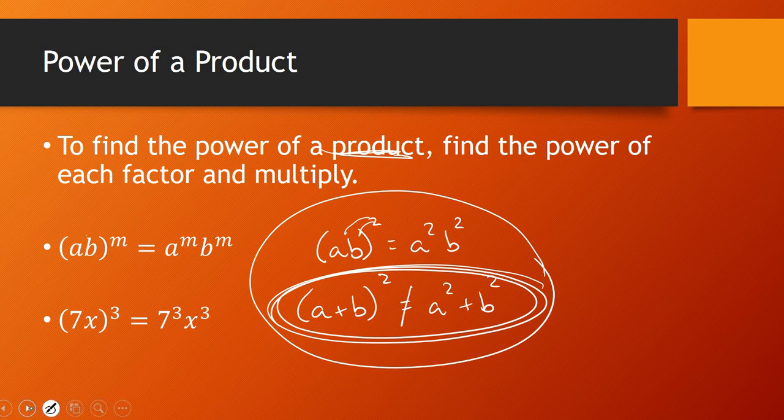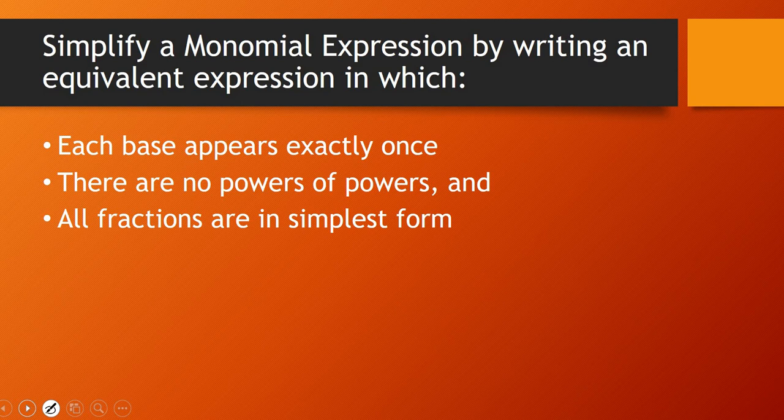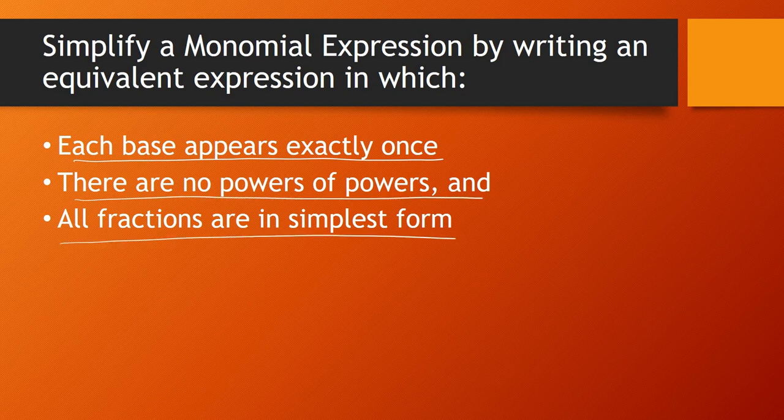Okay, so let's go on. Simplifying a monomial by writing an equivalent expression in which each base appears exactly once, there are no powers of powers, and all of the fractions are in simplest form. So in order for something to be completely simplified, we have to make sure we've taken care of all of those things.